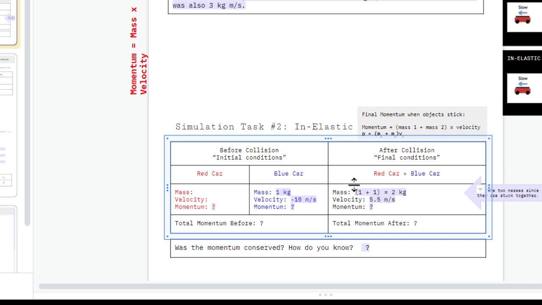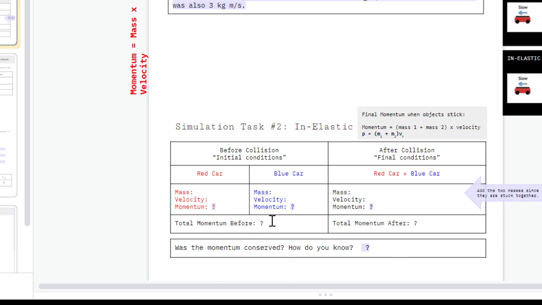Same idea for the velocity. So we no longer have two separate velocities to worry about, we just have their total velocity that they move together as a unit. And so the data here is for a different initial condition set, so I'll just delete that. But that's essentially what you need to do, and the momentum should be conserved.